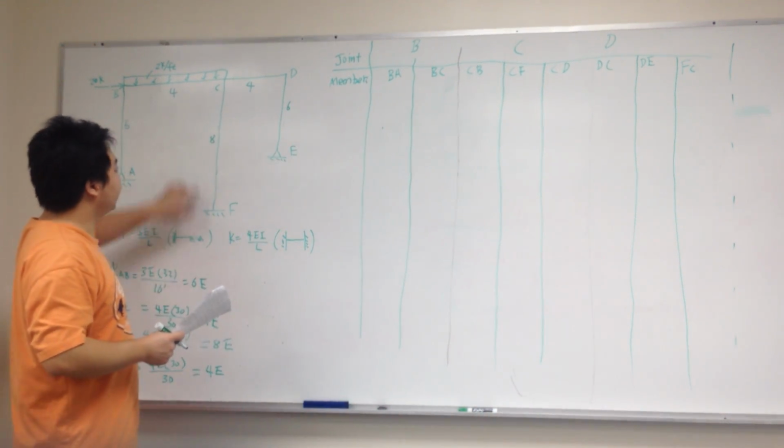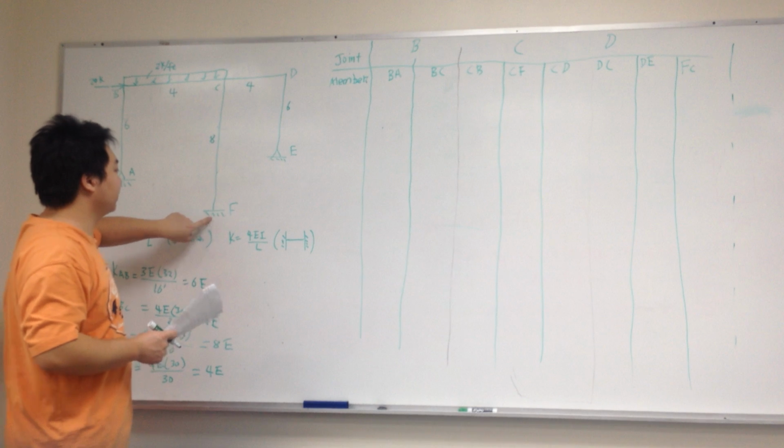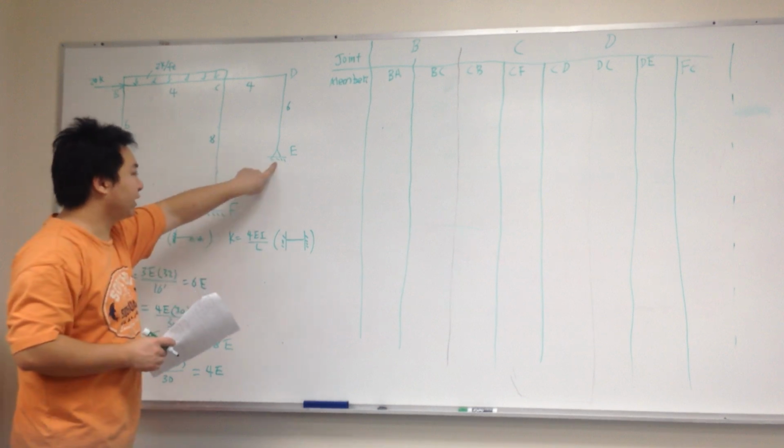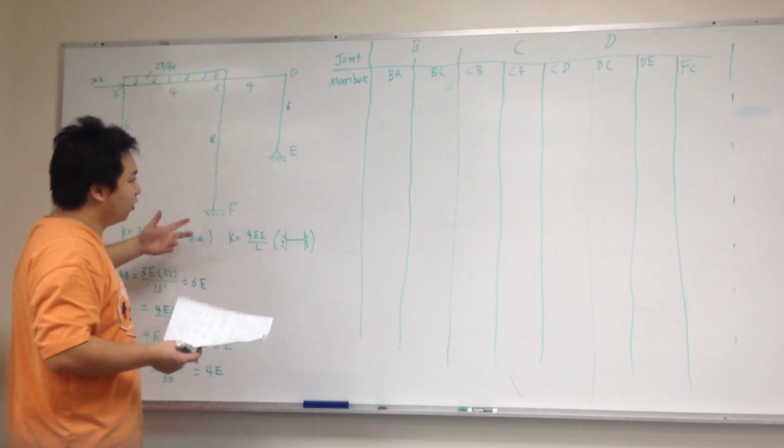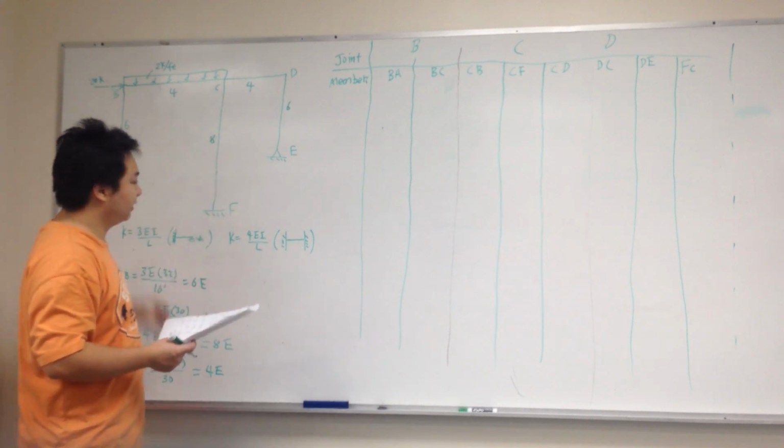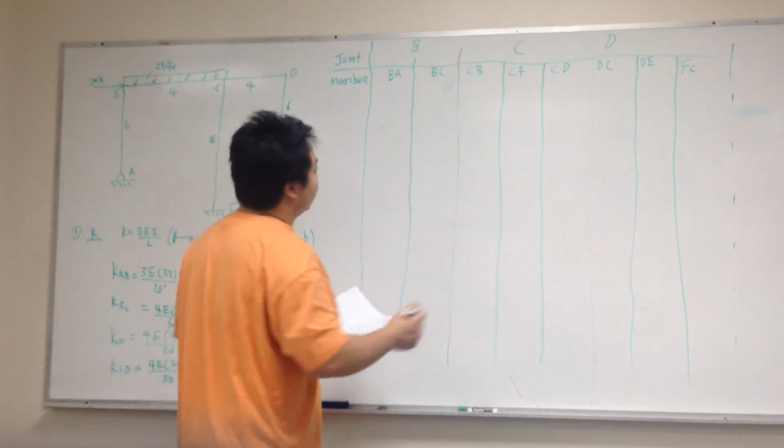Because it's fixed and fixed, we can't just ignore this moment. This one you can ignore because there's no moment at this point. But this one you have moment, so you will have FC. So now we have the members.